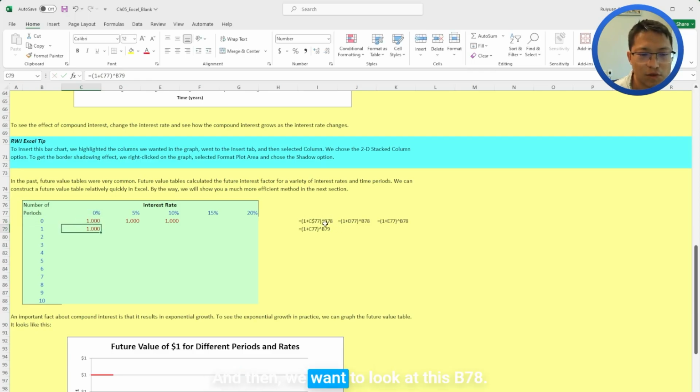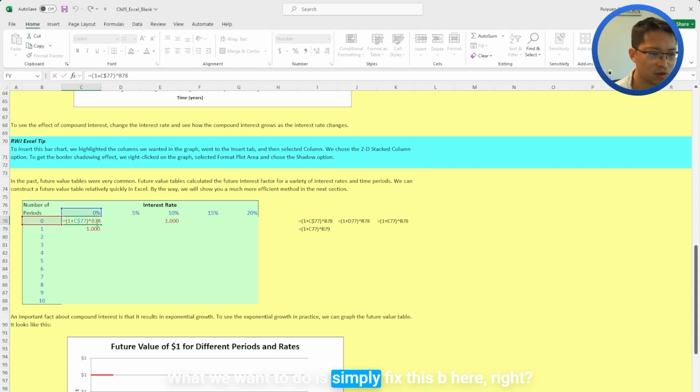And then we want to look at this B78. If you notice, with this B78, nothing changed, but when we apply the equation to the next year, it changed from B78 to B79, B80, etc. So B will always be the same, but the number will change, right?